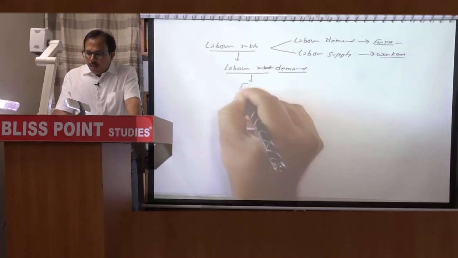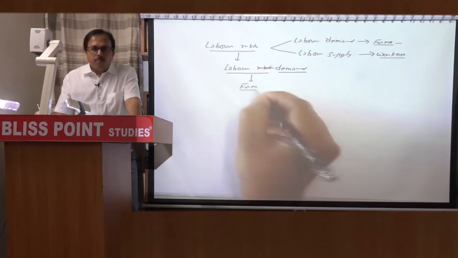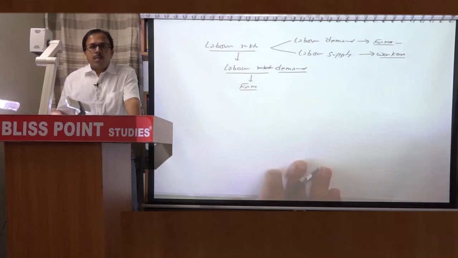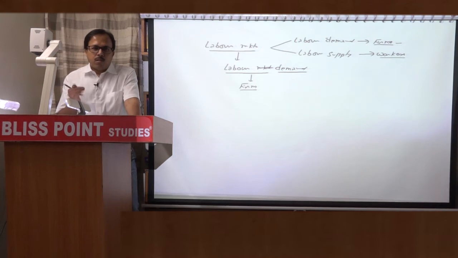Labor is demanded by a firm, and we are saying that the objective of the firm is to maximize its own profit. And you know the profit maximizing condition. You have already understood that concept in the micro section. So apply that micro to understand macro. Micro is the base for entire economics. That is why we start with the micro section.